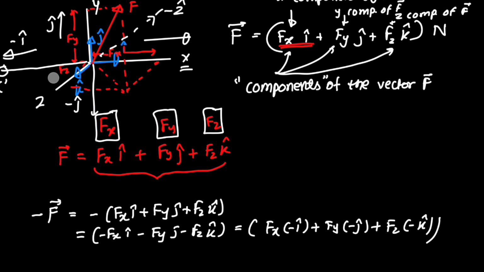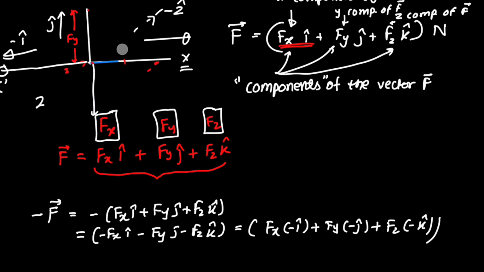And if you want to have a look at how it will get reversed, then let me erase all these things once and draw the F vector originally, and this is how it looks. So again, this will be the fx component, but in the negative i cap direction. This will be fy, but in the negative j cap direction, and somewhere at the back you will also get an fz along the negative z direction.